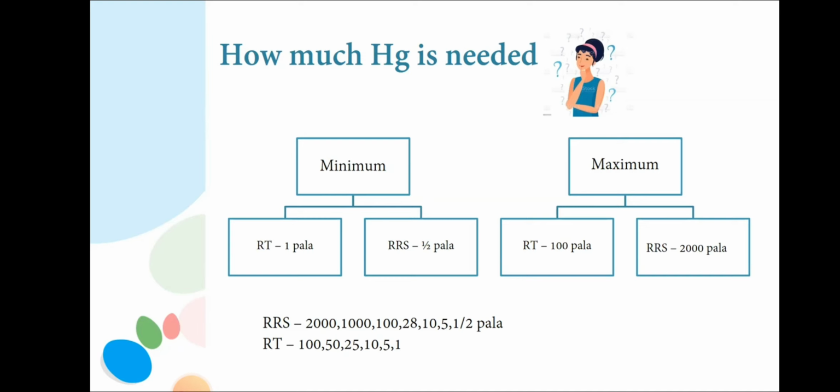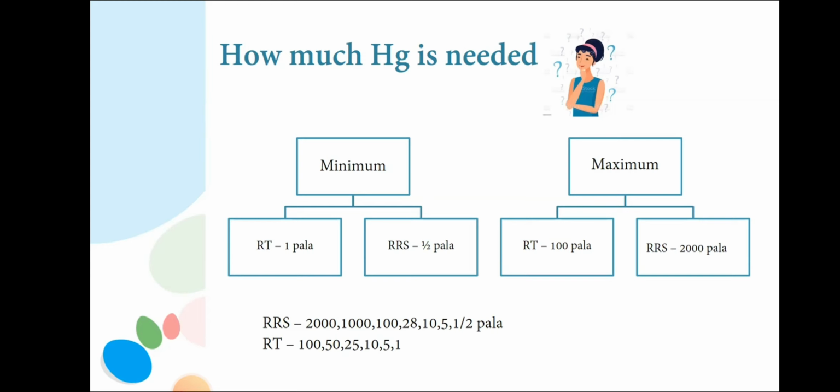According to Rasa Tarangini, the maximum quantity to be taken is 100 palas. 1 pala is 48 gram, so 100 pala will be 4.8 kilograms. And the minimum quantity is 1 pala.